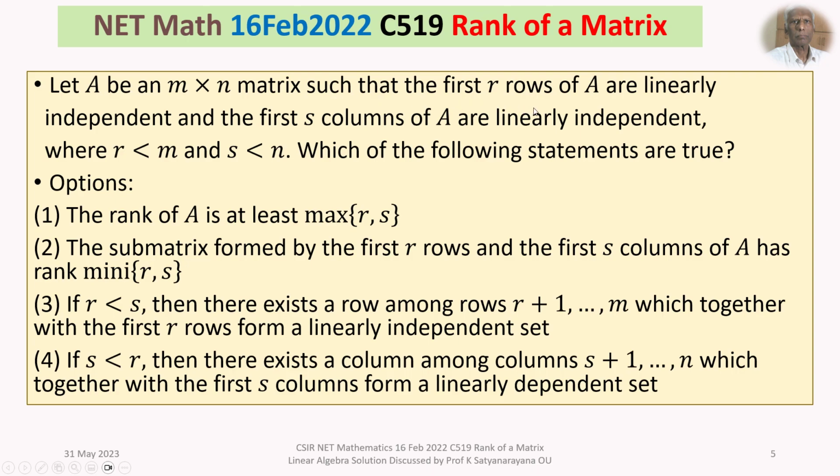It is given that the first r rows of A are linearly independent and the first s columns of A are linearly independent, where r is less than m and s is less than n. Then we have to decide which of the following statements are true.